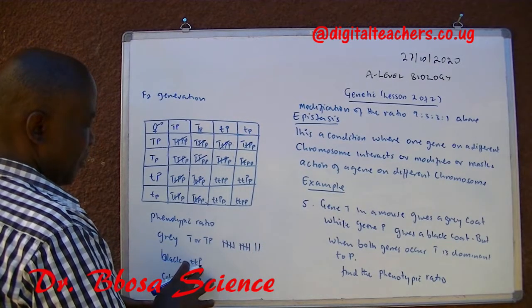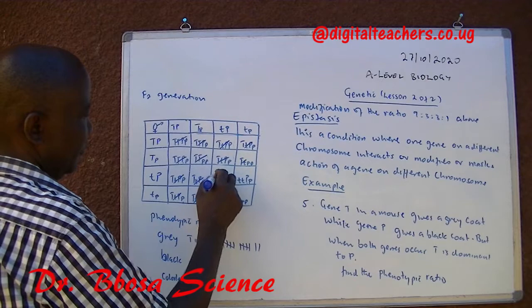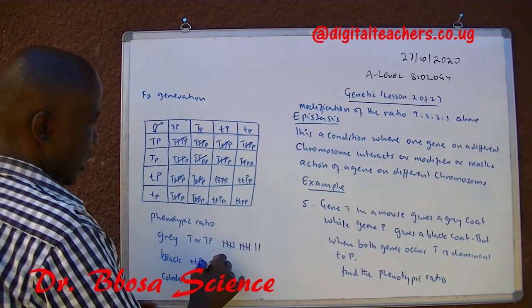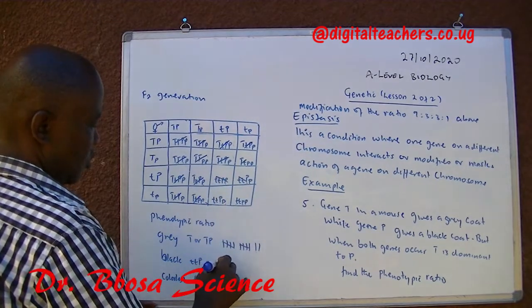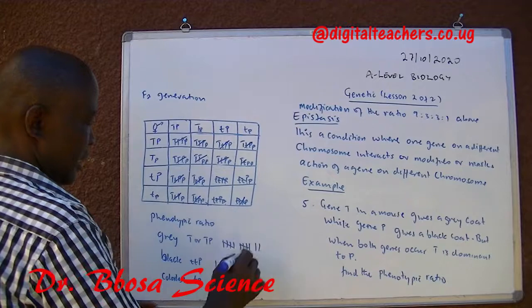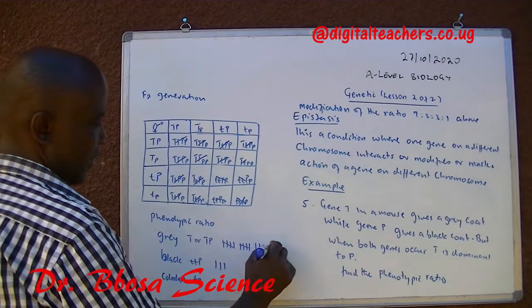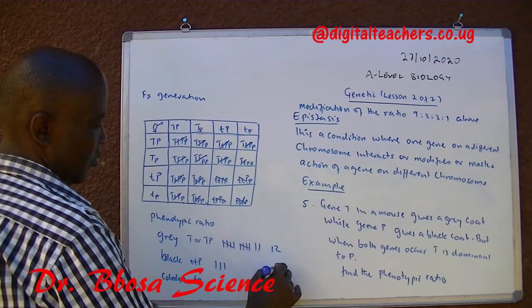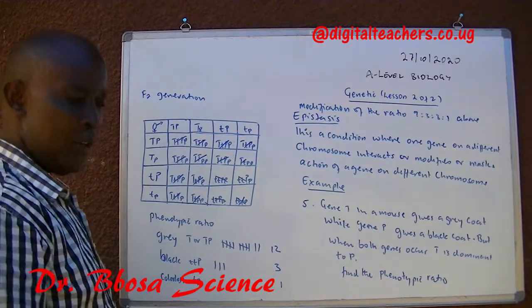As long as there's a capital P, it is black: 1, 2, 3. Then this is the colorless. So the ratio becomes 12 to 3 to 1.